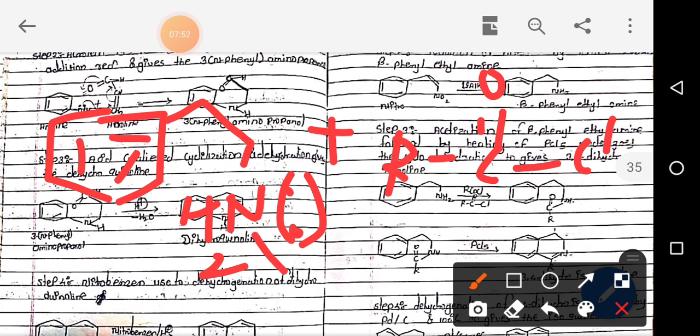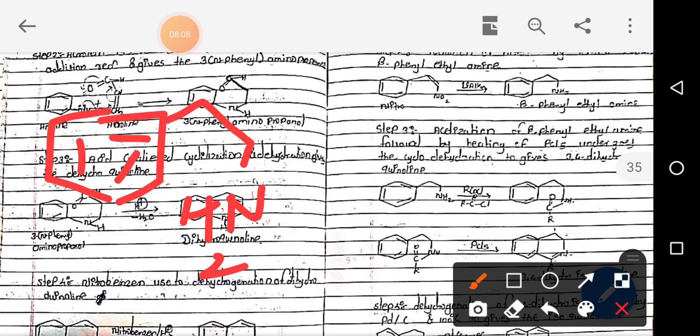This nitrogen will attack the carbonyl carbon and the chloride leaves from the reaction. So we will get the structure with C double bond O R.